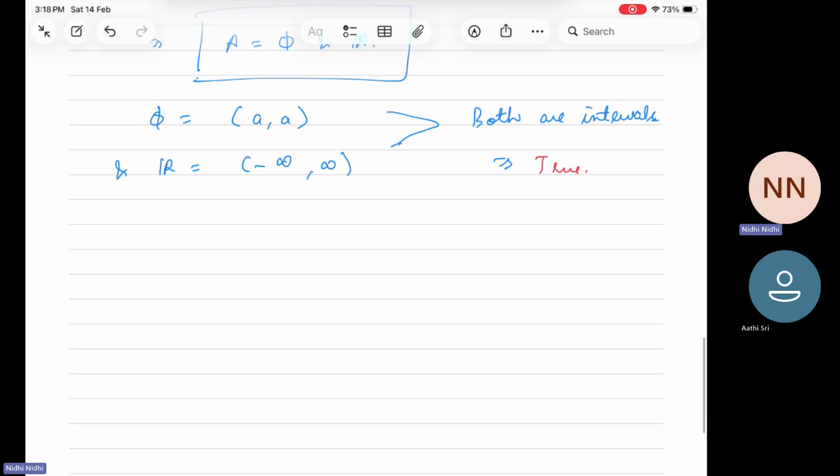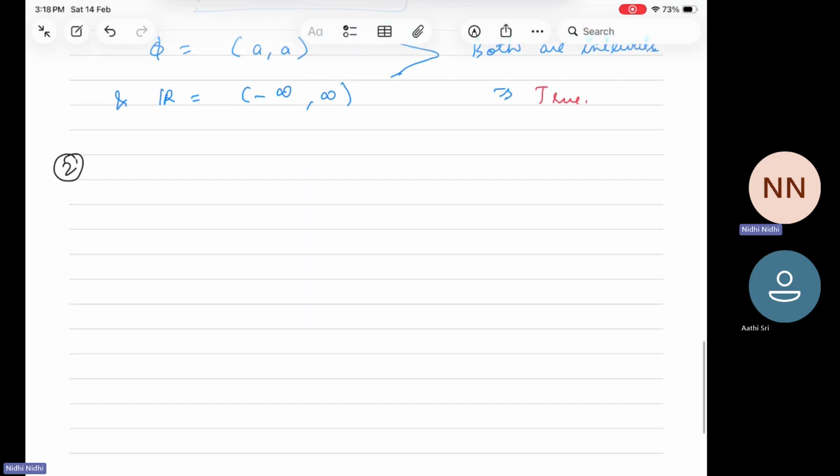Okay, let's move to next question. Question number 2. Again, state whether true or false.